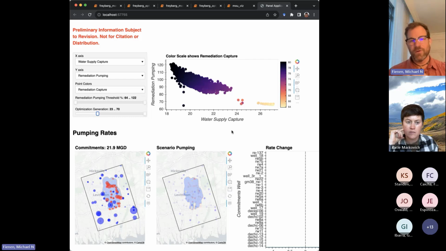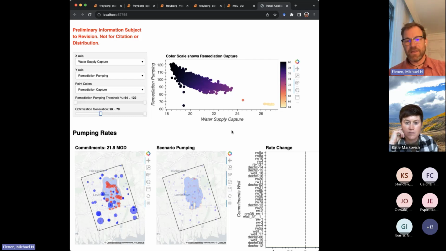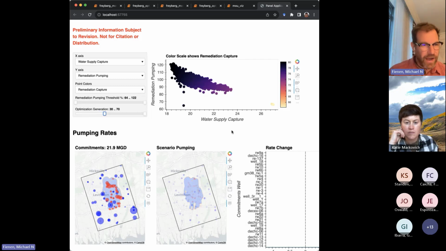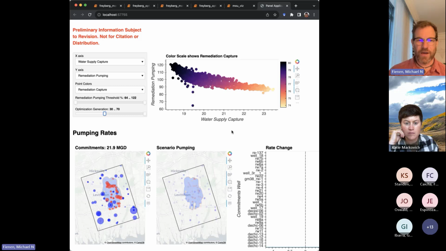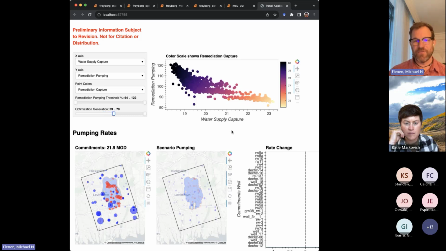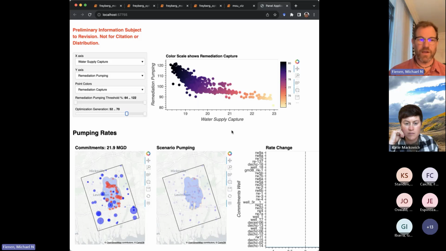And the one with really high water supply capture just starts to die off. It can't compete with these other ones that are closer to the origin. After about the 30th generation, the scale jumps. There's nothing at 27 anymore, it jumps down to 23 for water supply. And now we start to really refine around what we think is a truly Pareto optimal front.